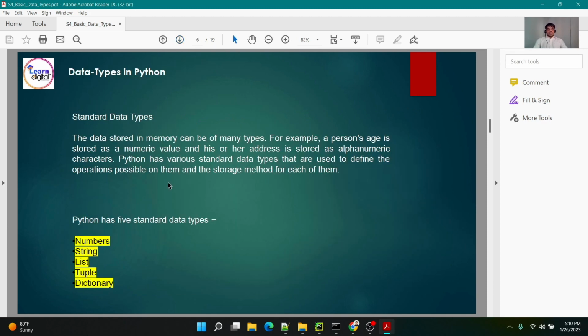Yes. So in the previous class, since we have already discussed creating variables, storing data in them and printing the data, let's learn what all the different types of this data could be.